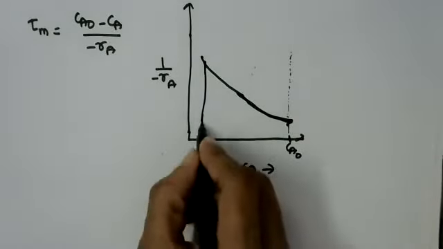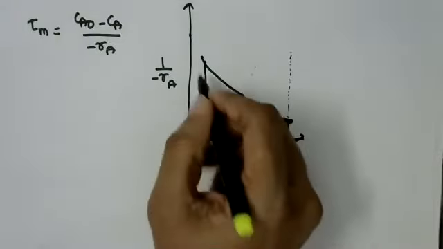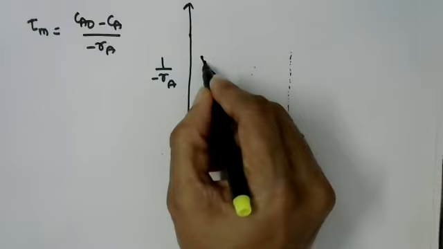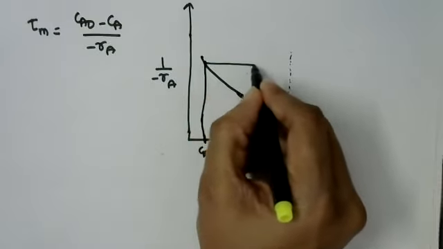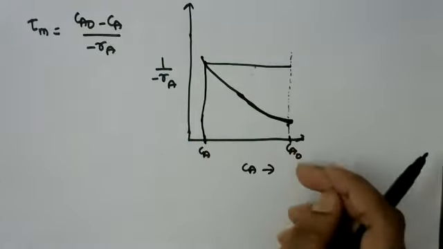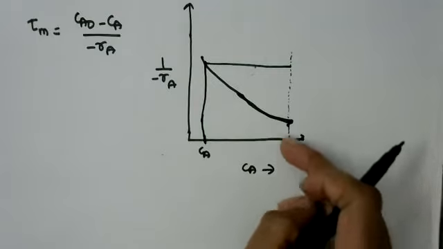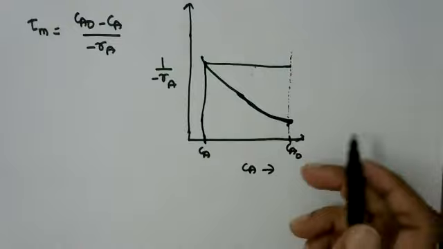Then, from the point of intersection of this perpendicular with the curve, again draw a line in a horizontal direction till it intersects the line drawn by extending Ca0 in a vertical direction.